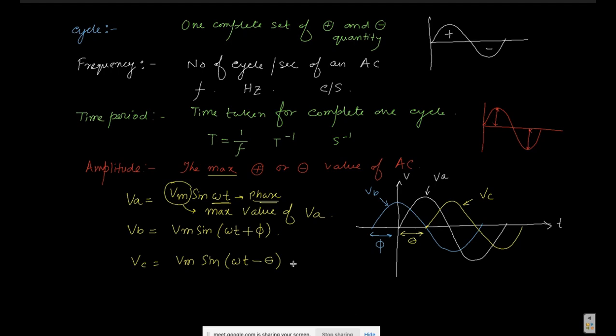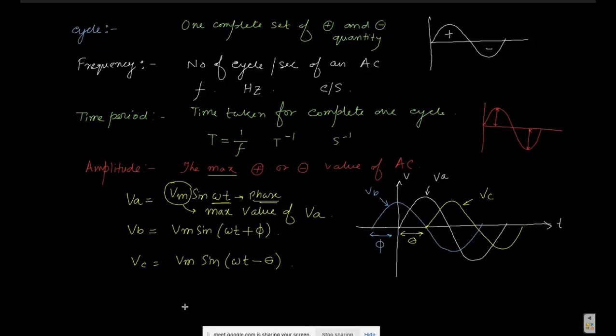This is the most important part of this alternating current chapter. So VA is equal to Vm sin omega t, because it starts from 0. Now VB is Vm sin(omega t plus phi). So omega t plus phi is the phase, and Vm is again the maximum value of VB.